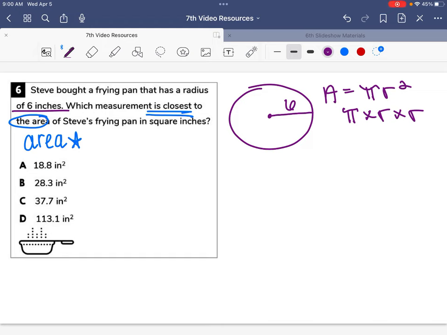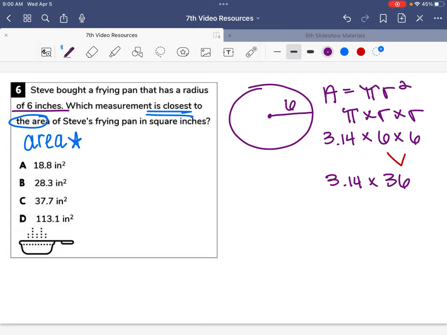And I know the value that I use for pi is 3.14, which is an approximation, times the radius, which is 6, times the radius again, which is 6. And again, it doesn't matter what order I multiply in. So I'm going to do 6 times 6 first. So I get 6 times 6 is 36. So 3.14 times 36 will give me my area.